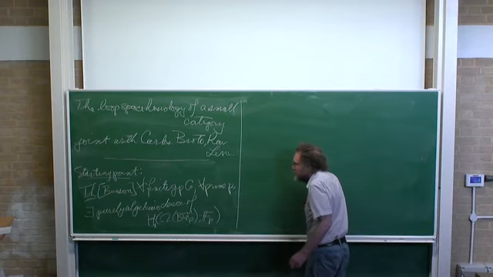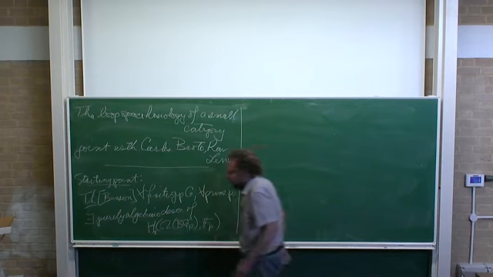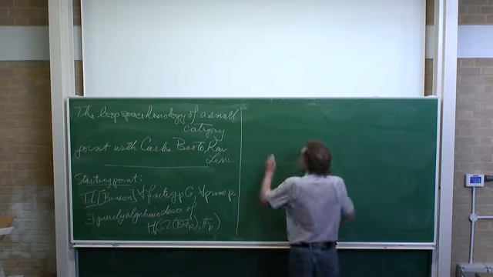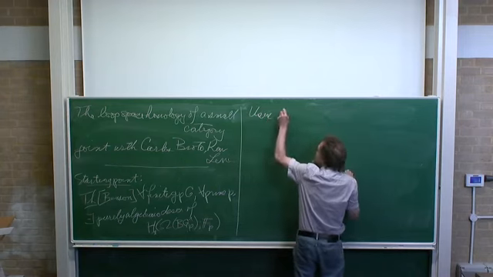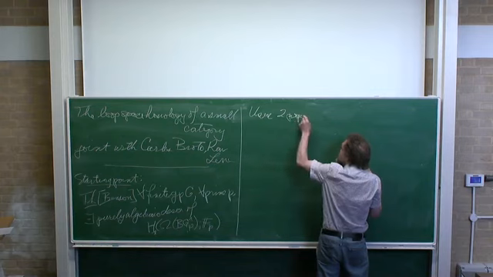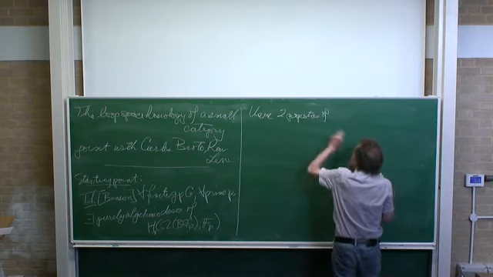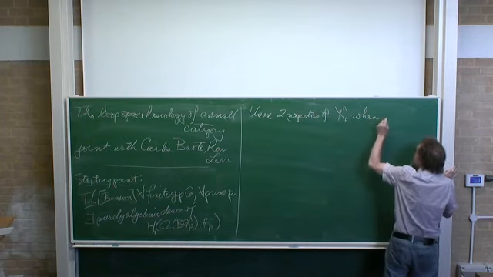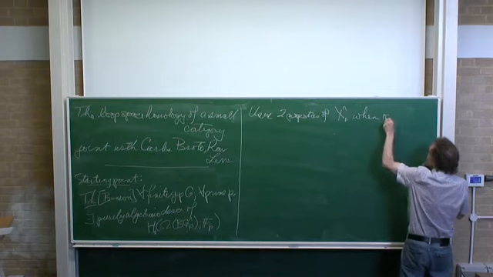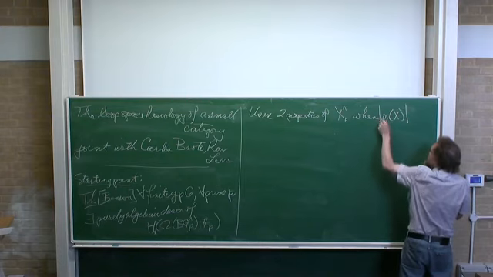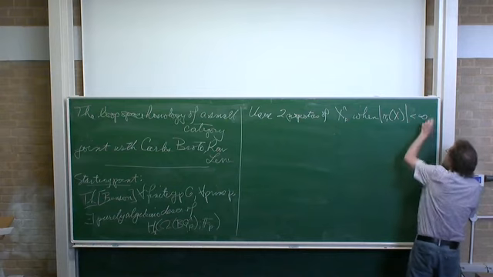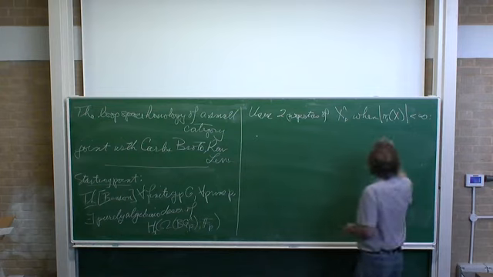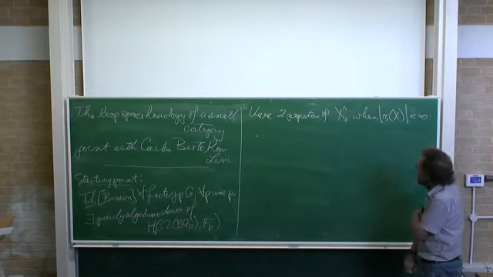So this uses two properties of P completion of a space, and I'll state them only when the fundamental group of the space is finite. And okay, I didn't write it down, but understood here that X is connected.